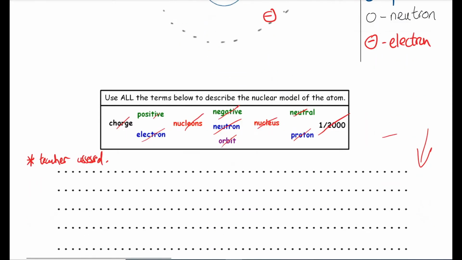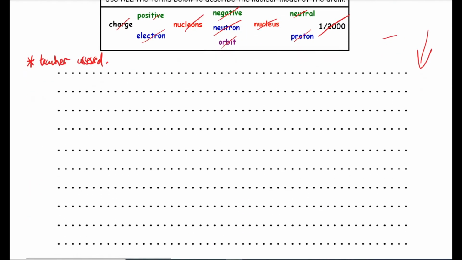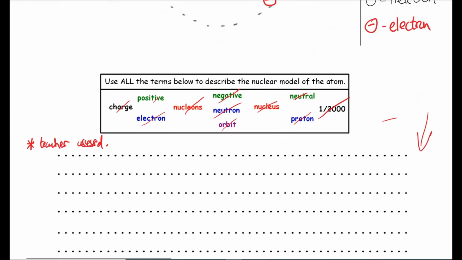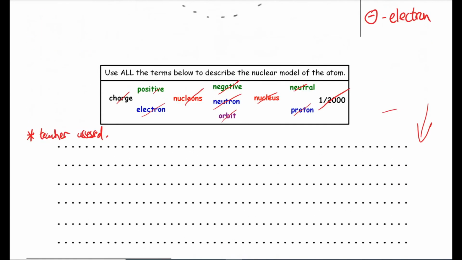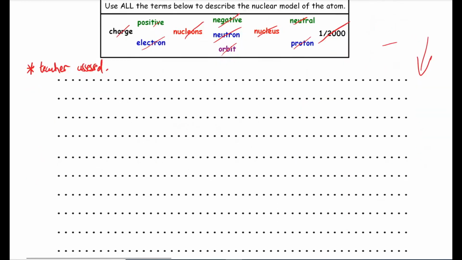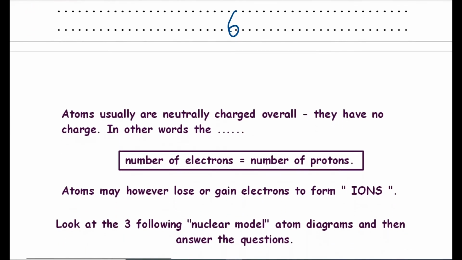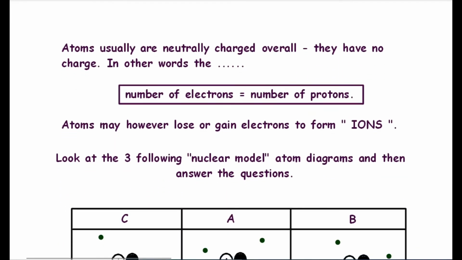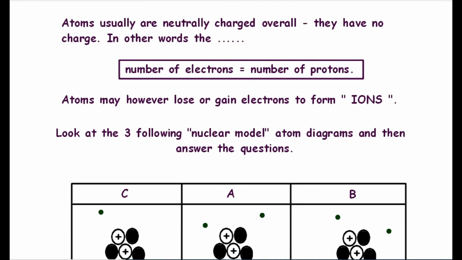You go on then and, as I mentioned earlier, write out your description of the nuclear model of the atom underneath. And then turn on to page 7. There's some questions for you to do underneath, but before that, a little bit more information. Atoms usually are neutrally charged overall.